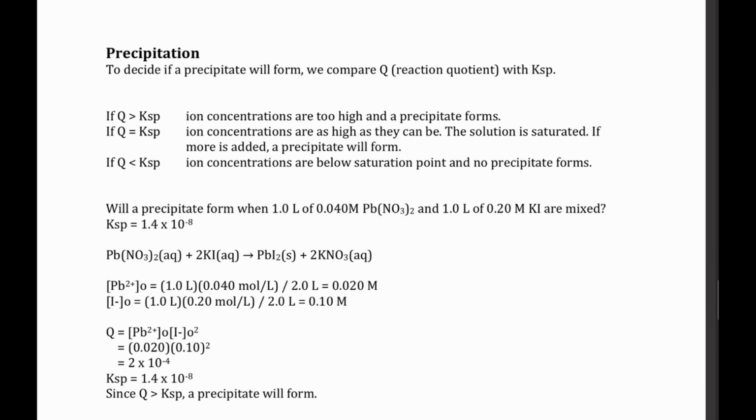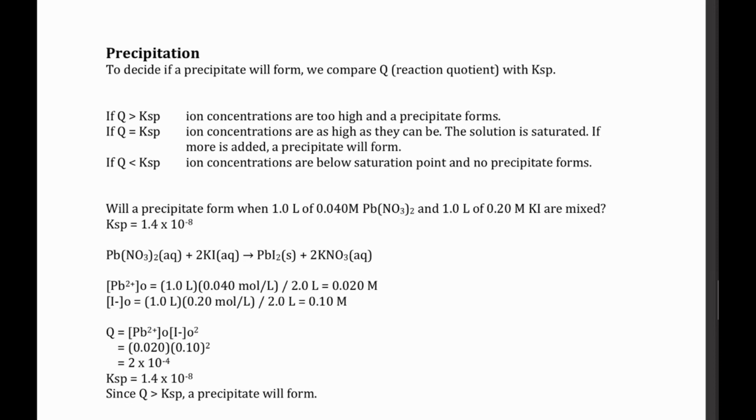So go back up toward the top where we have if Q is greater than KSP. So if that's the case, the ion concentrations are too high and a precipitate forms. So if Q is on the greater side of K from before, it drives the reaction toward the left. In our case, it makes for a solid.